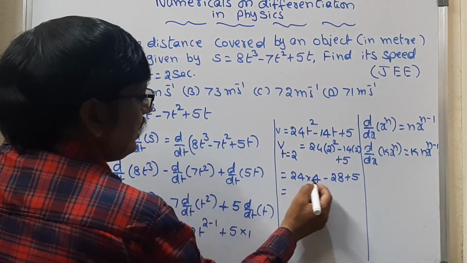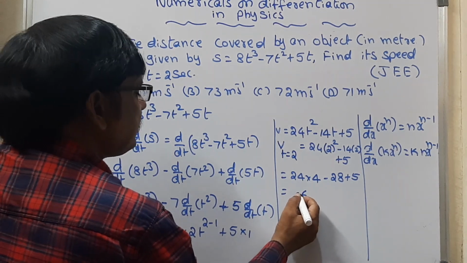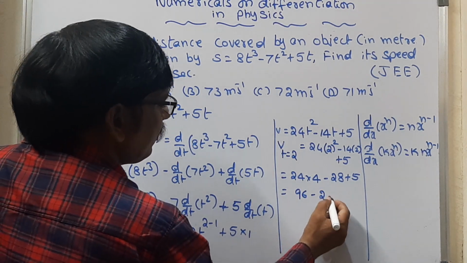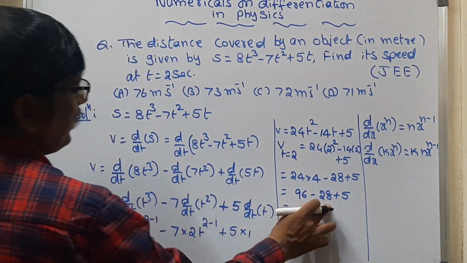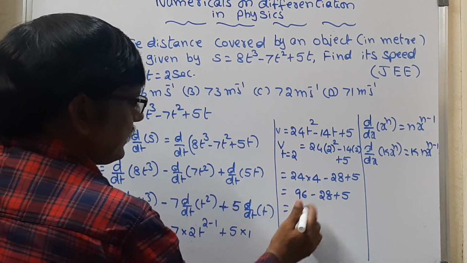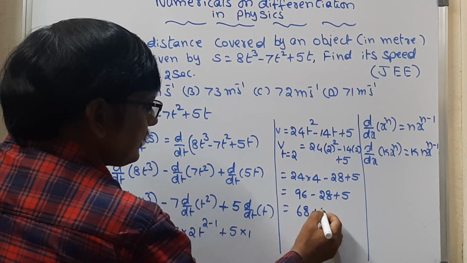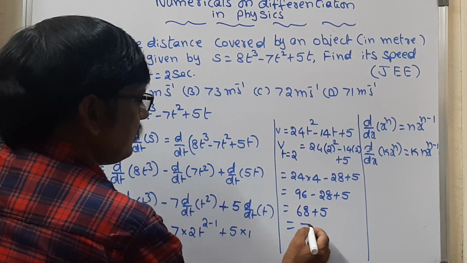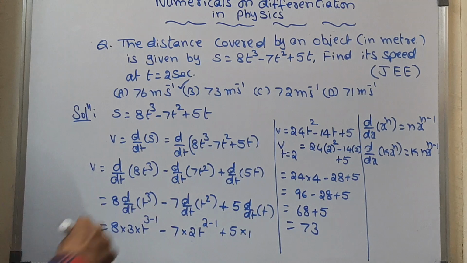So 24 fours are 96, minus 28 plus 5. 96 minus 28 is 68, plus 5, that is equal to 73. And that 73 is the option we can take.